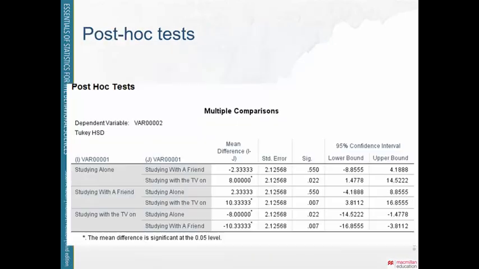You don't have to calculate it, you just need to understand it. Here's the significance, the other column that's important. 0.55. Is this less than 0.05? No, it's greater than 0.05, which means this is not statistically different. There's no difference in score between studying alone versus studying with a friend.